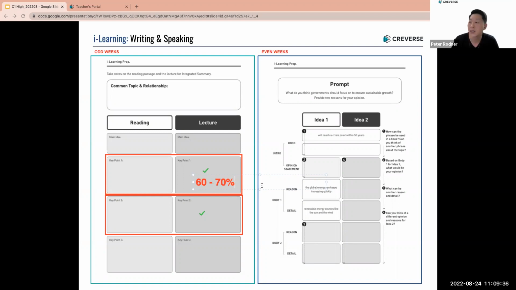The reason is because the question is actually telling you to summarize the lecture. It does not tell you to summarize the reading passage, okay? So the main point is to summarize the majority of the lecture. This is another reason why it's important that you have a good set of notes for your students to go home with. That way they can do this integrated writing for homework, okay?